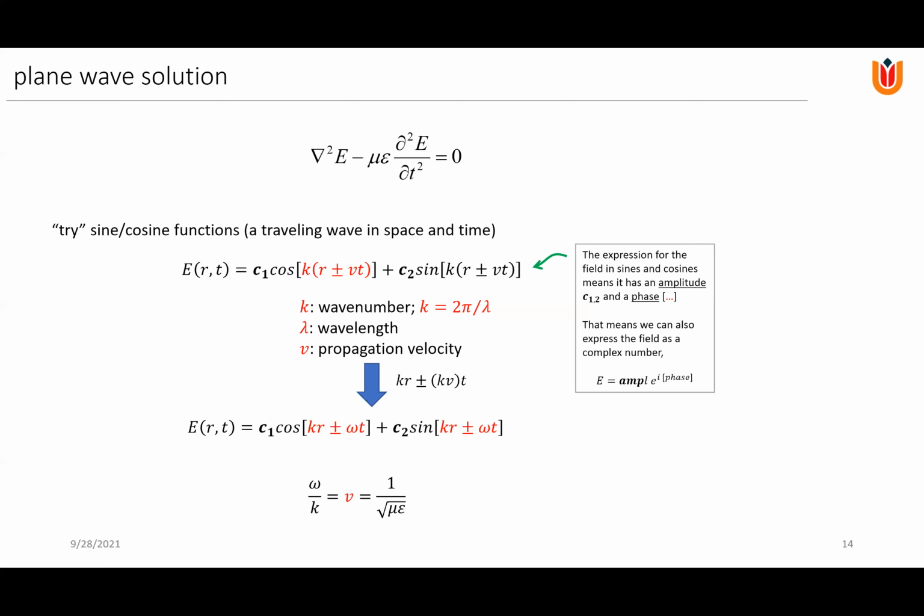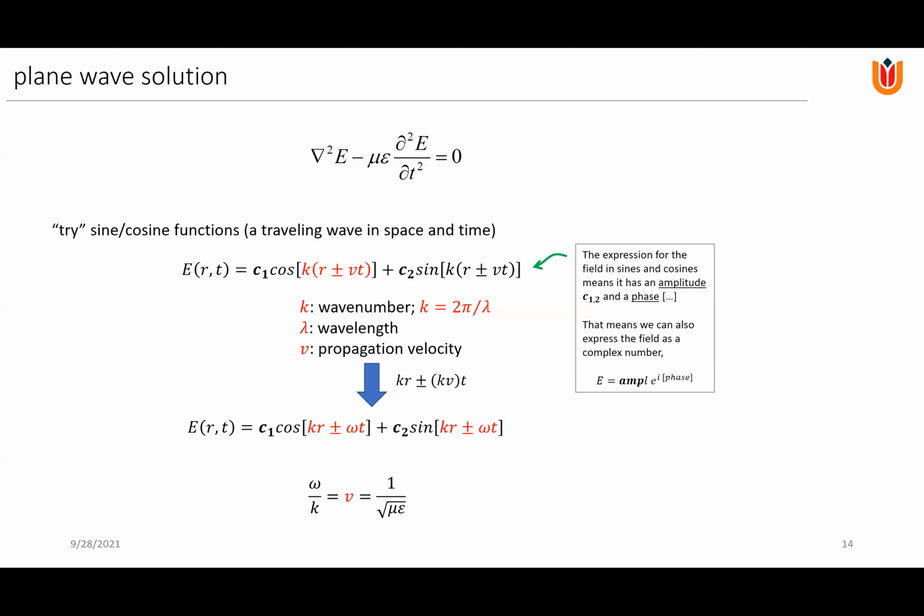If you connect these two equations, we have an expression for the velocity of the wave, the propagation velocity of the wave, omega over k, the circular frequency over the wave number. If you fill it in the wave equation and solve it, the answer you will get is 1 over the square root of mu times epsilon, so the square root of the permeability times the permittivity.